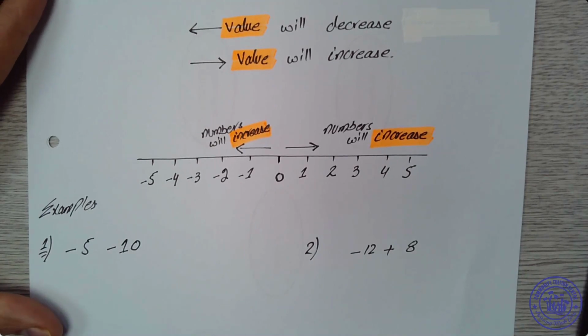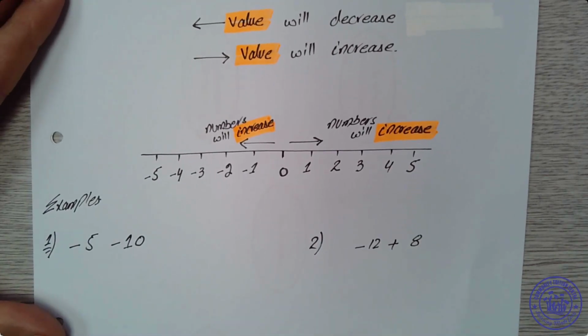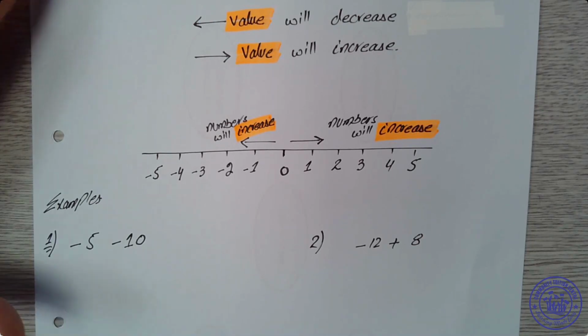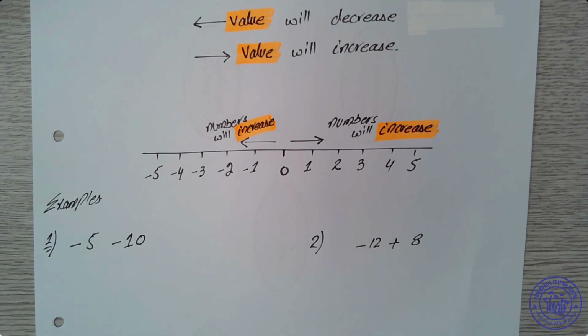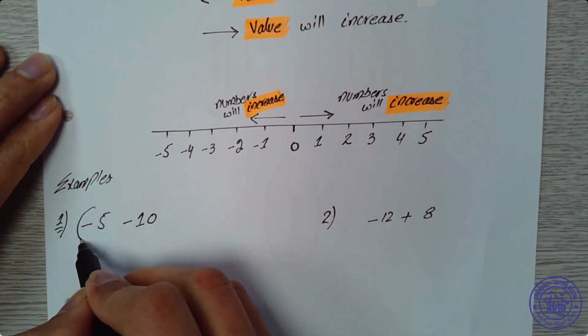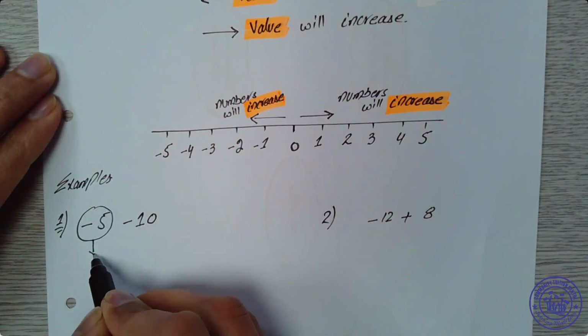What we have here is a question that says I have to add -5 and -10. So what will I do? I can say this -5 is my start.